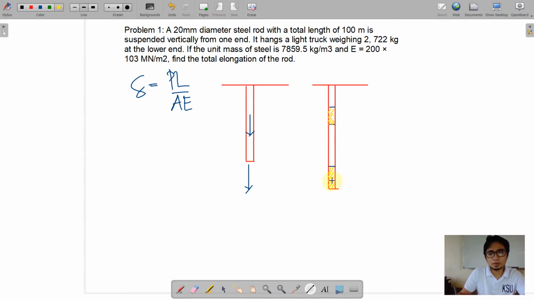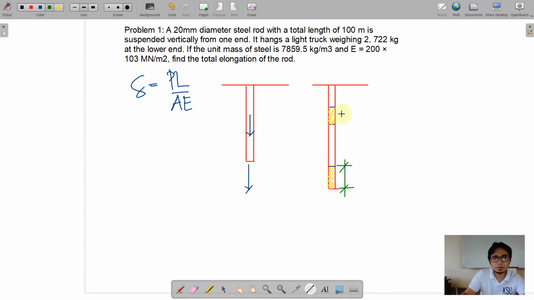This deformation is not necessarily located at the bottom, but essentially the distribution of the delta due to the weight of the truck is occurring all over the entire length. So we should note that. But for the sake of calculation, we'll just have to reflect it on the bottom.